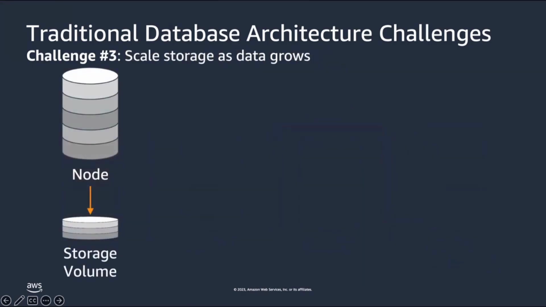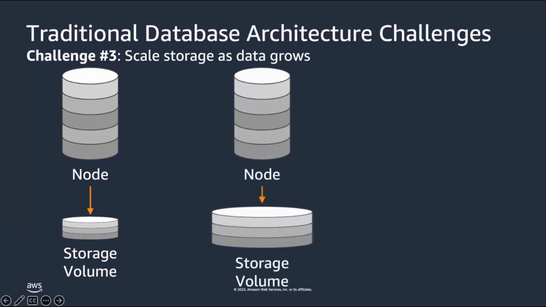The third challenge is around scaling storage as your data grows. Let's consider a bare metal deployment scenario with some hard drives attached to a database node. As your data grows in size, you're going to need to scale storage. And this could mean physically removing existing hard drives from your server and installing new larger drives.